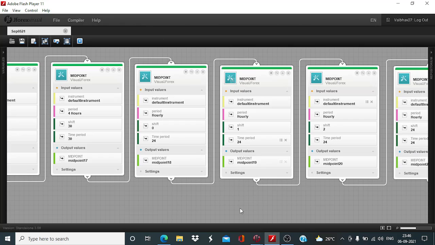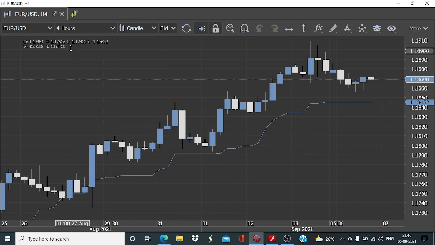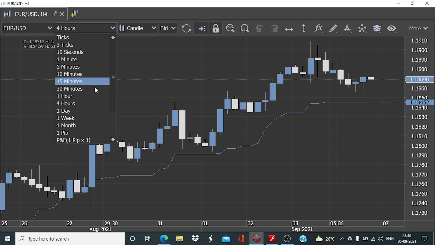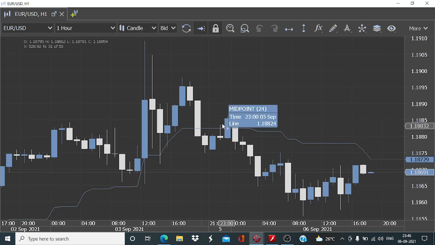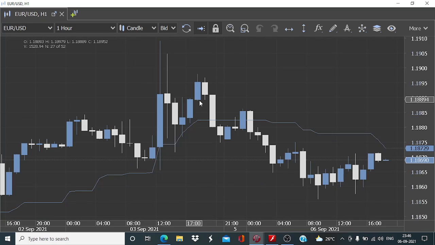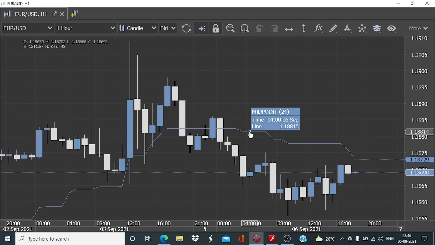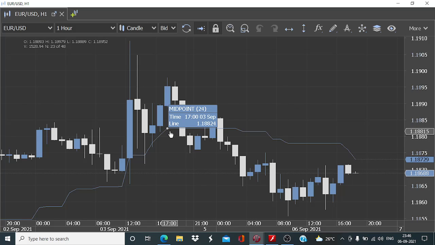After that, we will be taking the help of these three blocks: midpoint 18, midpoint 19, and midpoint 20. And here, I will change this to hourly. For the hourly time frame, we will be comparing the output value over a day, 24 hours. So we will take the current output value for the midpoint and compare it to the output value 24 hours back.